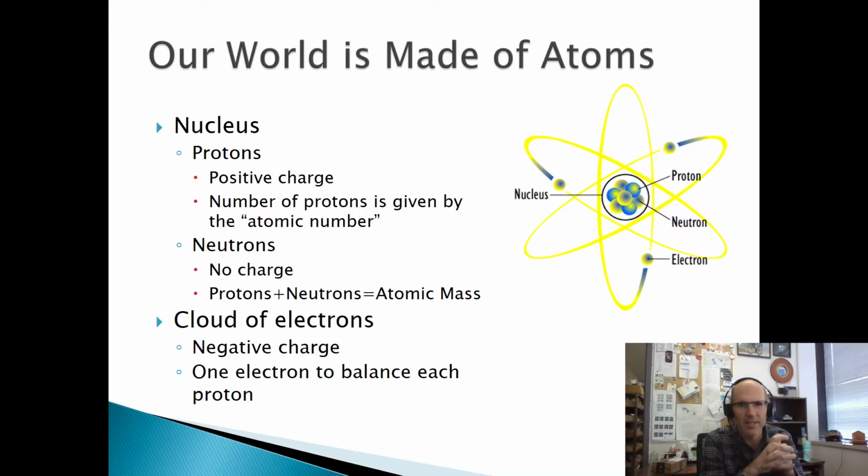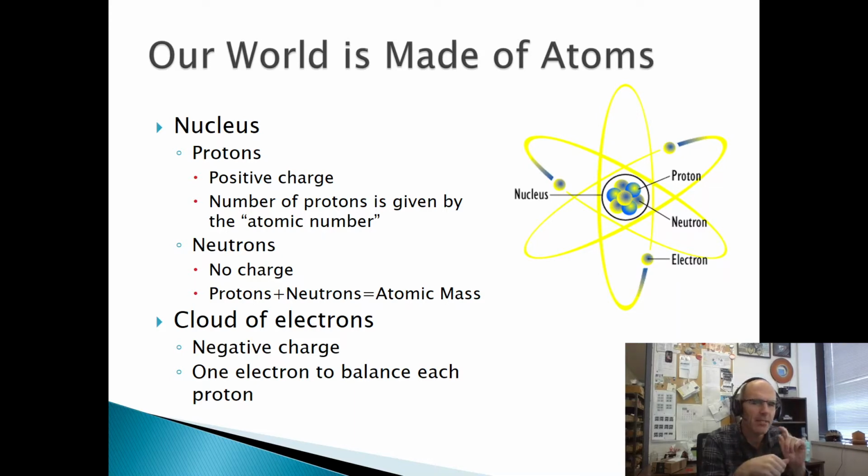Critical to the understanding of this is that we've got our elements, the foundational building blocks of matter in the universe, and the atom is defined and named by the number of protons in the atom. Now, the protons have a positive charge, so generally, by and large, there's the same number of electrons that have a negative charge flying around the outside.